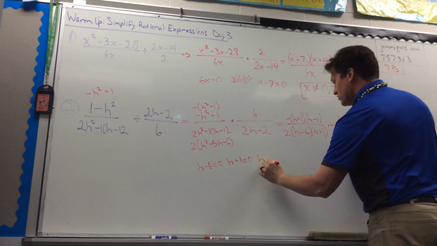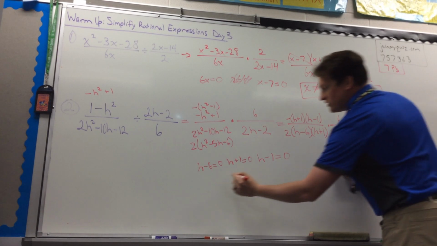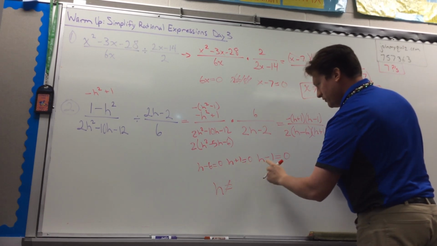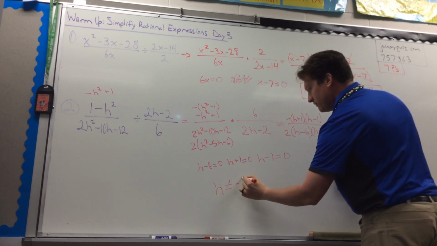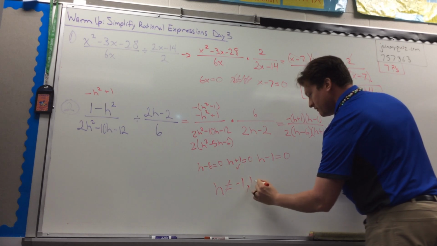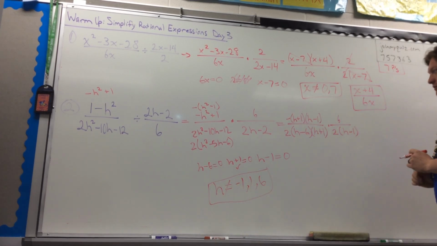And then I have h minus 1 equals 0. So I know that h cannot equal the following numbers: negative 1 right here, positive 1 and positive 6. That takes care of my restrictions.